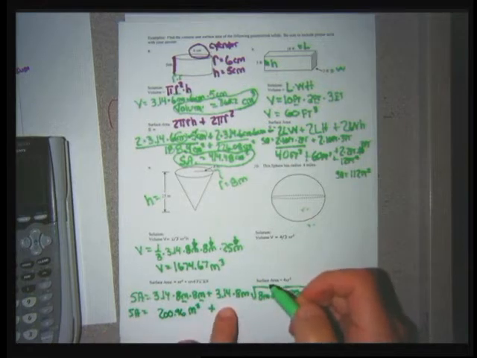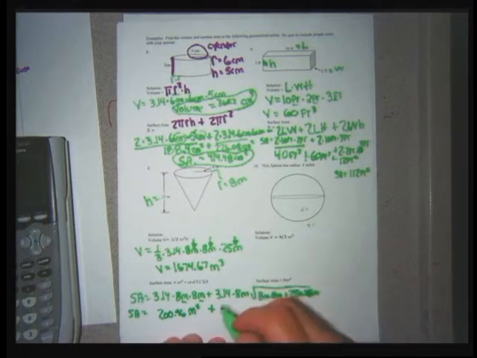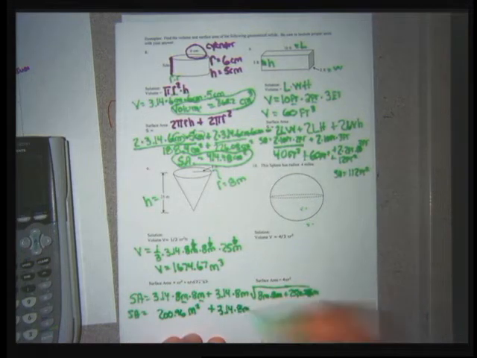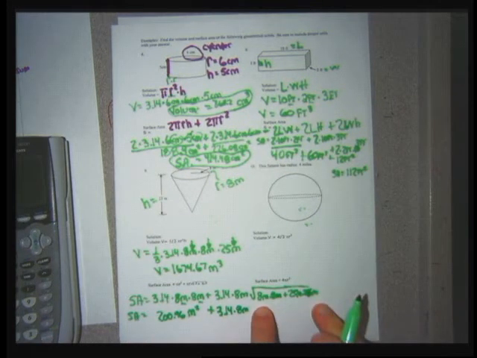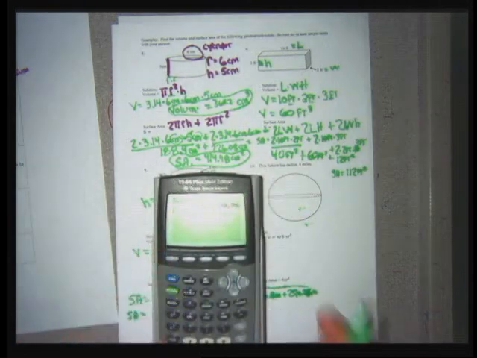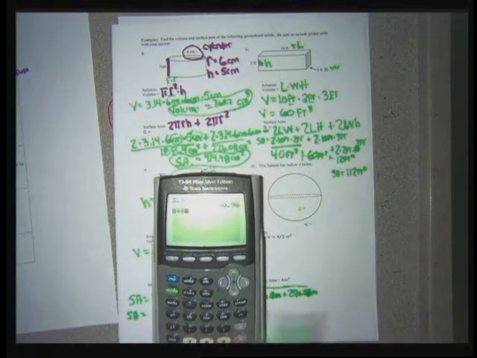And then, off to the next part, I'm going to go 3.14 times 8 meters. I'm going to do the square root of this 8 meters times 8 meters plus 25 meters times 25 meters. Let me get that square root taken care of first. Under the square root, I have 8 times 8 plus 25 times 25.